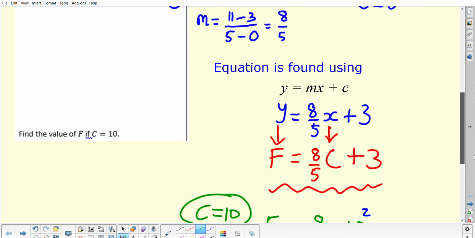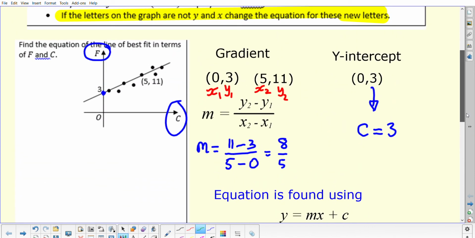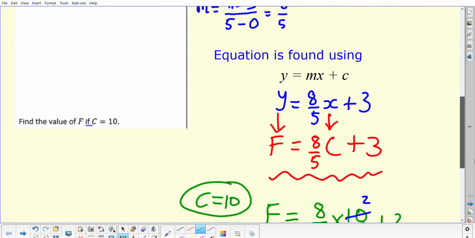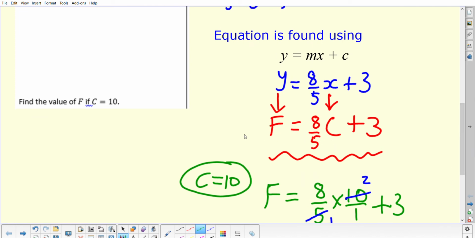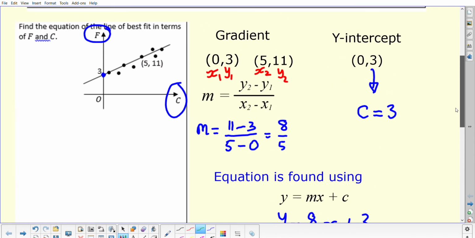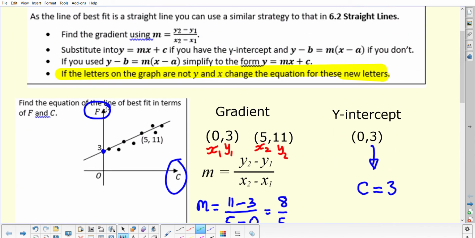But remember, if the graph does not have y's and x's, has got other letters, then you need to make sure you put them in the right place and not the wrong way around. So be very careful, know which one we talk about, the y to the sky. So this one here, pointing up the way, and that's what you replaced with the f.